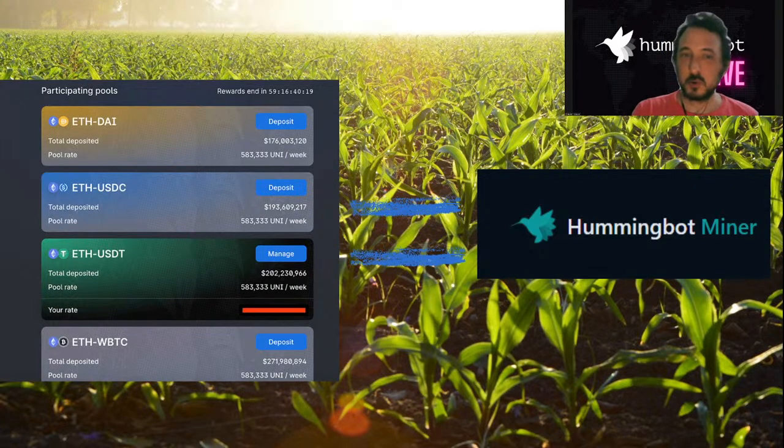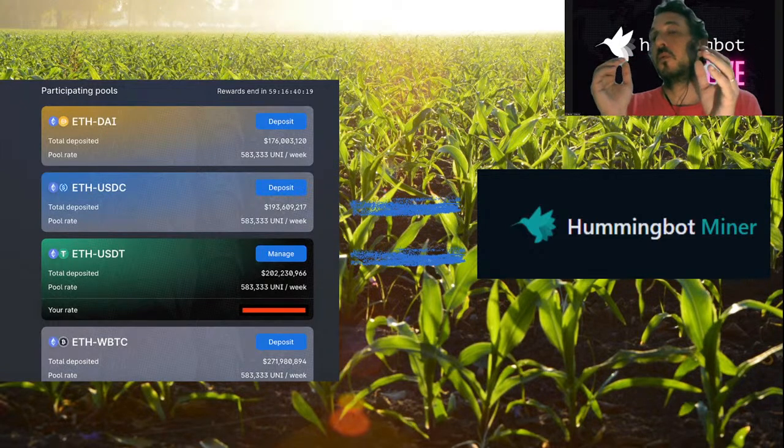You add liquidity to the pool, and usually you would have your profit as a market maker from the spread, from how good your strategy is.